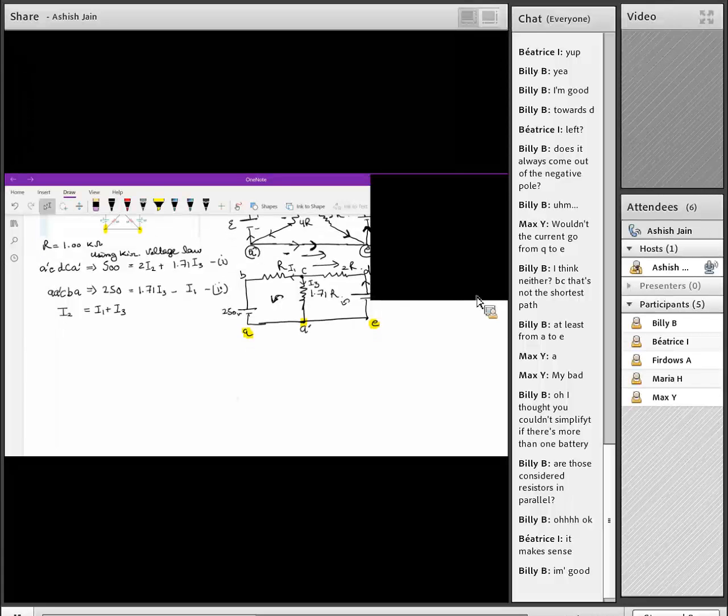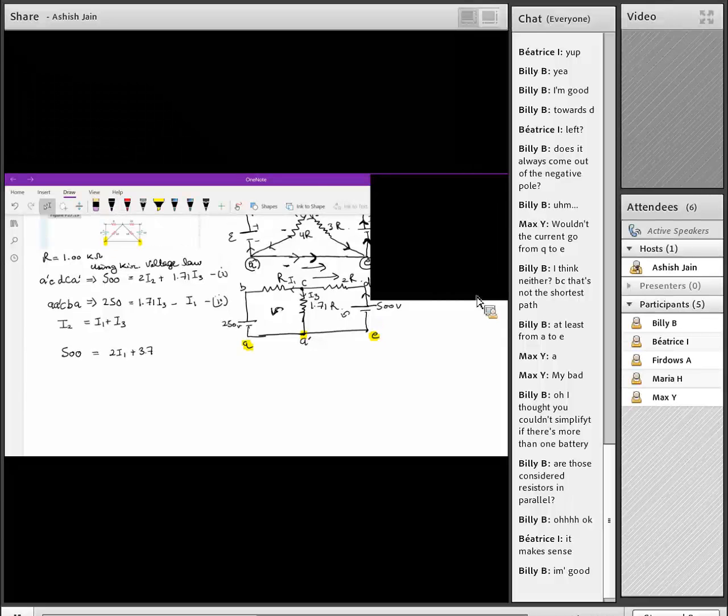So I substitute them in equation 1, 500 to I1 plus 3.71. Sorry. So substituting for I3 in equation 1.